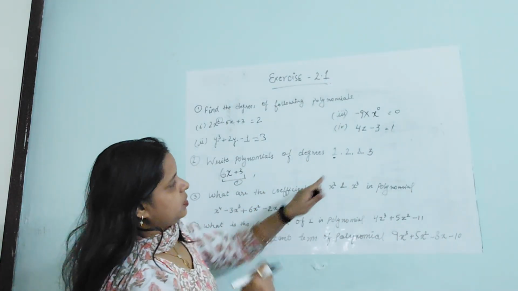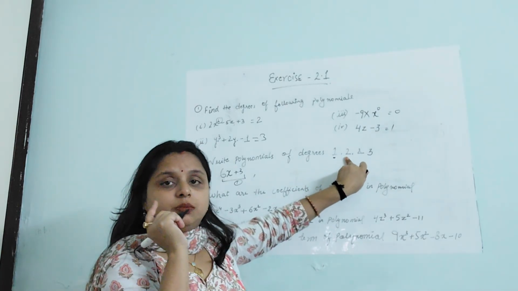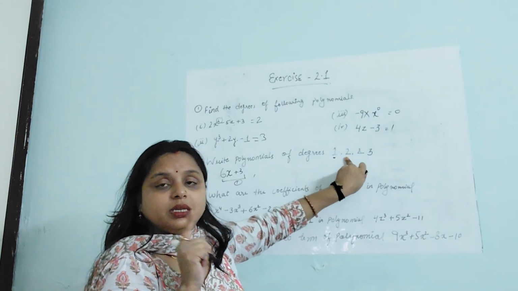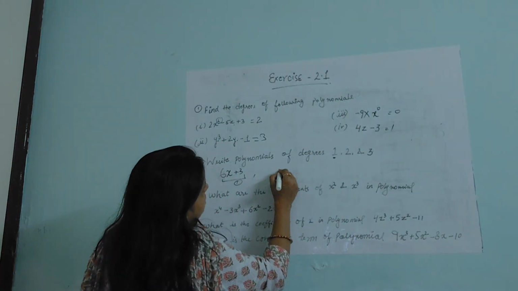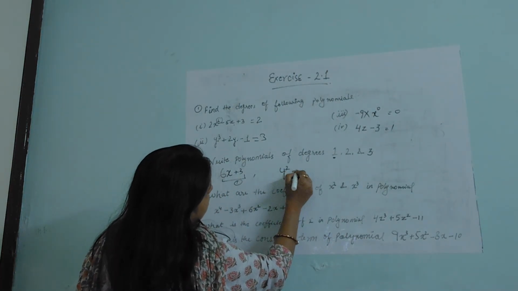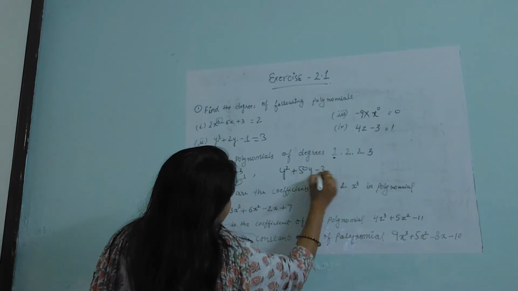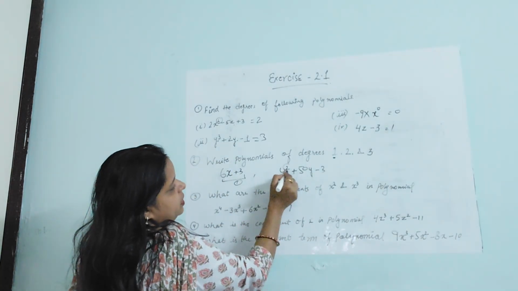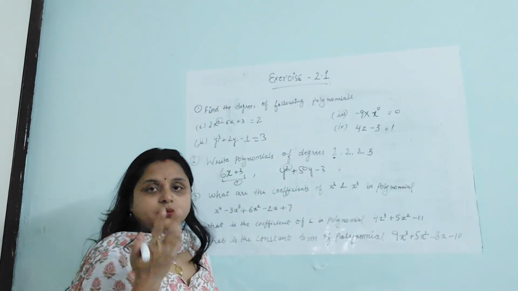Next, polynomial with degree 2 means the polynomial in which the highest power of the variable should be 2. So can we write it y square plus 50y minus 3. So the degree will be 2. Next is with degree 3.